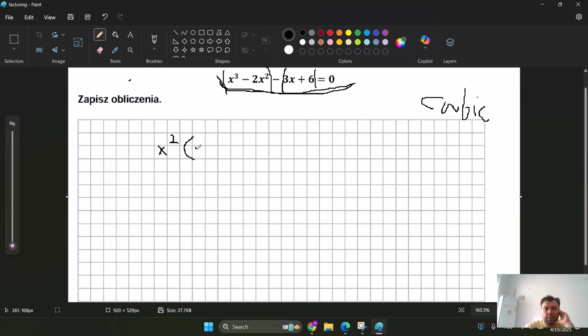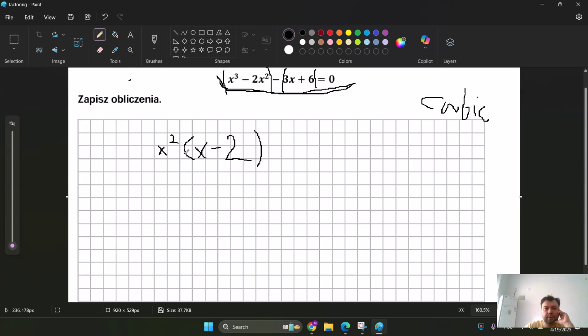And here we write just x, because what you have before the bracket, you multiply. So x squared times x is x to the power of 3, and that's why it looks like that. Then we write 2, because x squared times 2 is 2x squared.